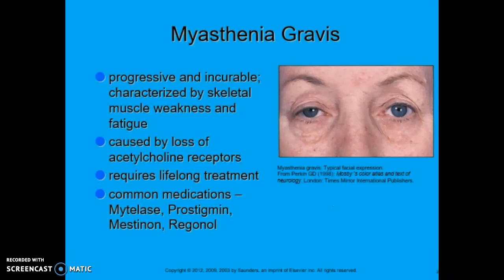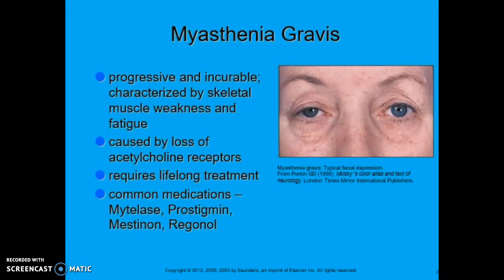Myasthenia gravis is treated with cholinesterase inhibiting agents that block the cholinesterase and allow the acetylcholine to accumulate. When we're educating the patient, we want to make sure that they understand how to evaluate the effectiveness of medication. They do this by recording the time that the medication was taken, and then when the signs and symptoms reoccur.